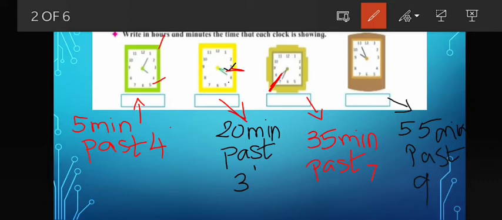It will be 10 o'clock when the minutes hand reaches 12. The minutes hand has not gone to 12 yet, so still it is 9 o'clock. So it is 55 minutes past 9.